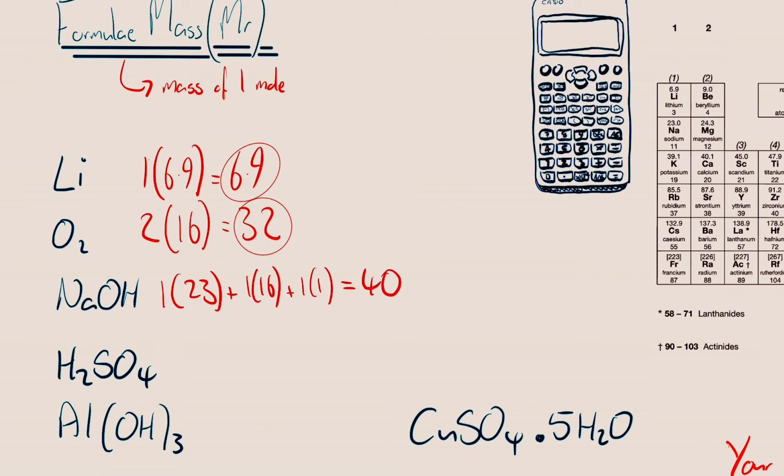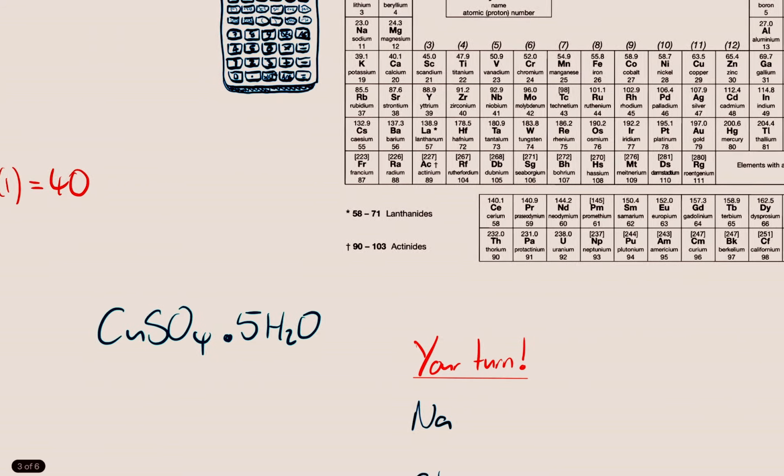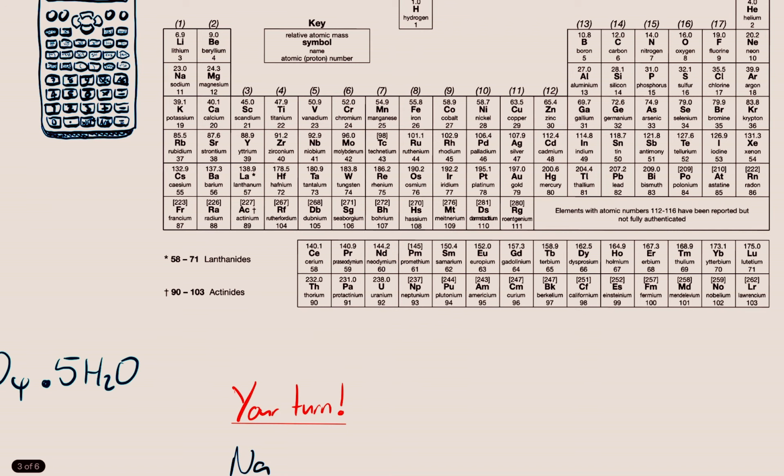Next, H2SO4. We need to be paying attention to our little numbers here. So there we've got 2 lots of hydrogen. If we look at our periodic table, we've got a relative atomic mass of 1 for hydrogen, plus just the 1 sulfur. So if we take sulfur here, 32.1.